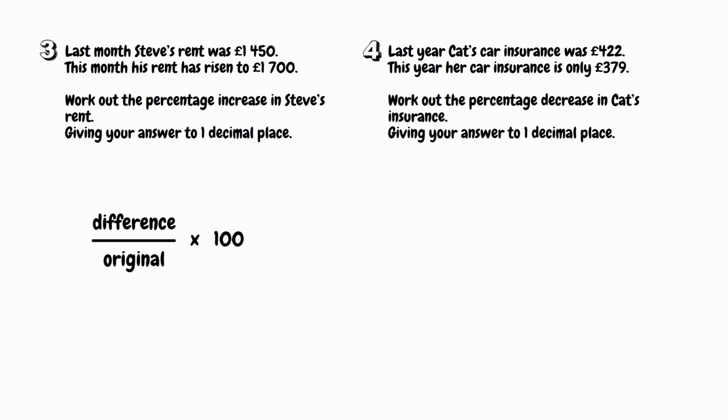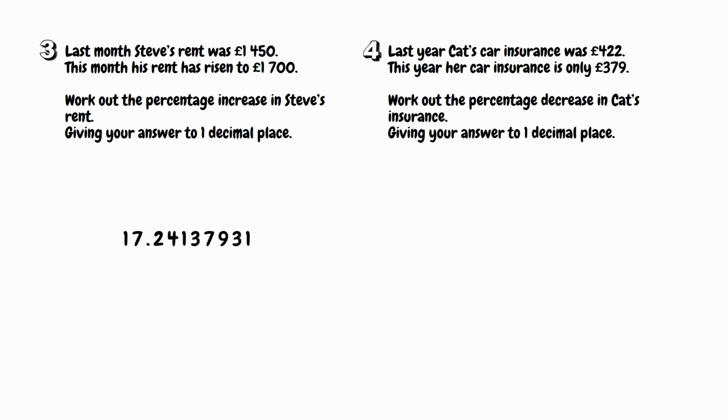So to find the difference, we need to take the smaller number away from the larger number. So we're going to do 1,700 take away 1,450. We then need to divide this by the original amount that Steve was paying for rent, which was 1,450. If we then type this into our calculator, this is the answer we get.